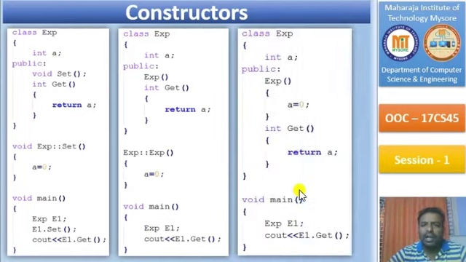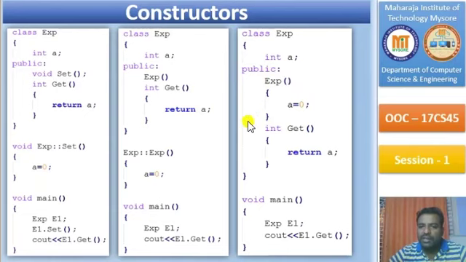I'm going to make one more modification to this program. Not any big or major modification, or much enhancement. The only change is that instead of defining the constructor outside the class, I have brought the declaration and definition of the constructor inside the class. Now this special function exp is going to be called a constructor.